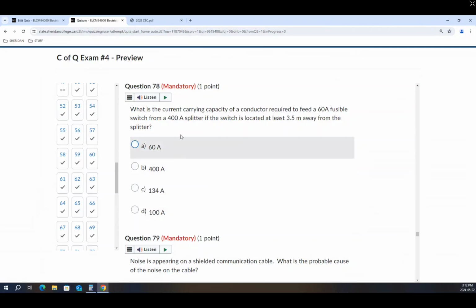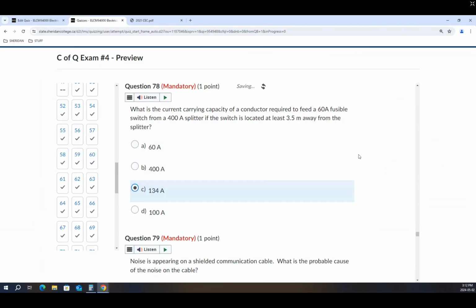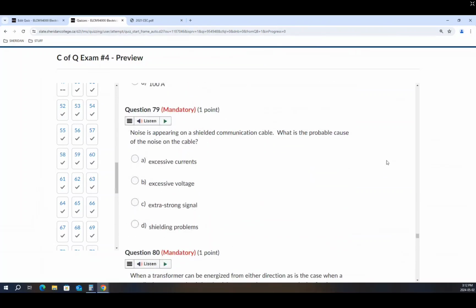So the minimum size is going to be, we're going to get 400 divided by 3. We got that.